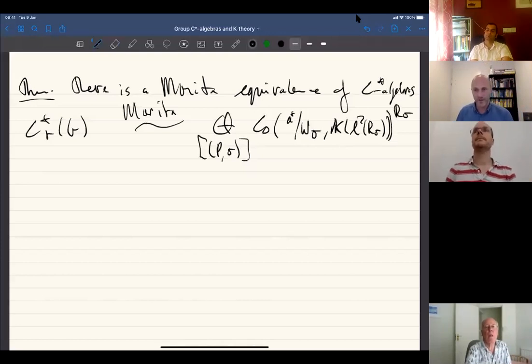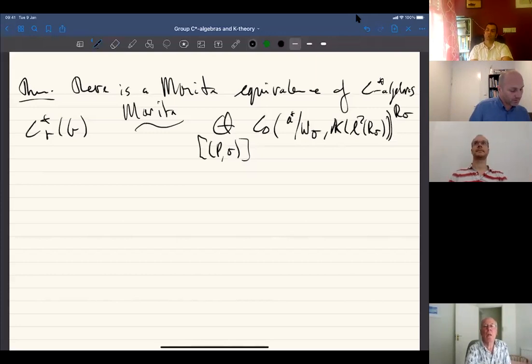So this follows by combining the Morita equivalence. Maybe you want to have a W sigma prime there that you quotient A star by. Yeah, wait a second. Where?